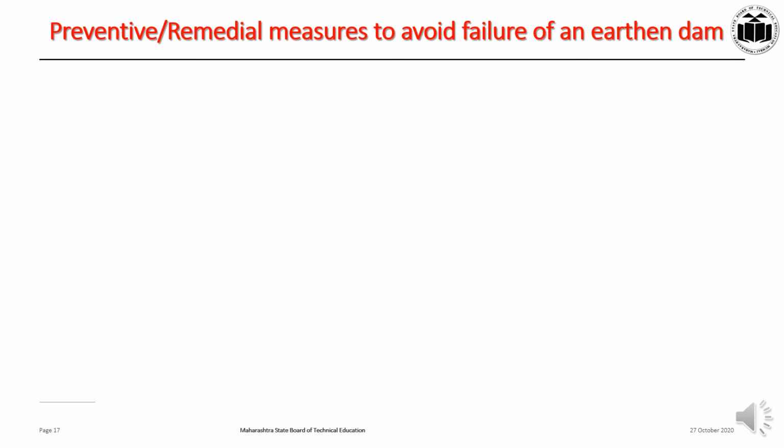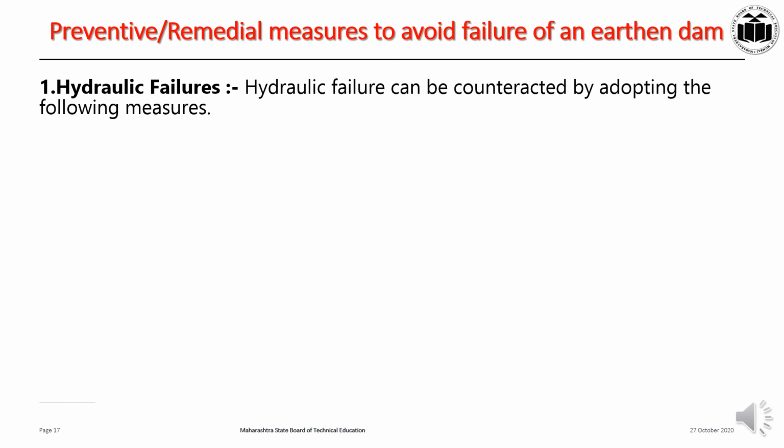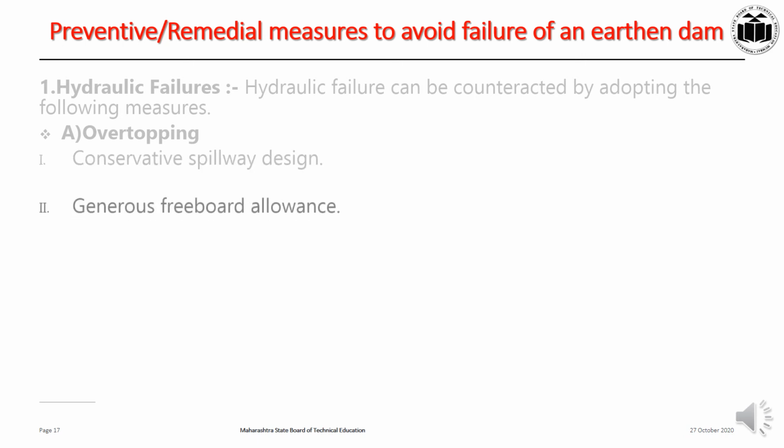Now see the prevention or remedial measures to avoid the failure. First, to prevent hydraulic types of failure, we must take the following measures. First, for overtopping, proper spillway design is needed. If you design the spillway properly, then overtopping failure may be avoided.